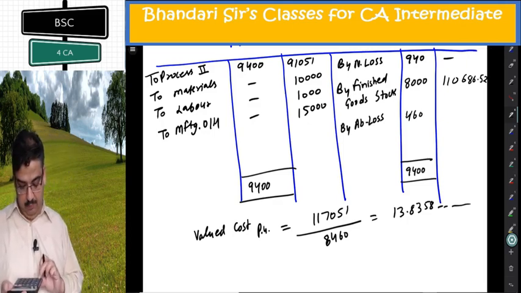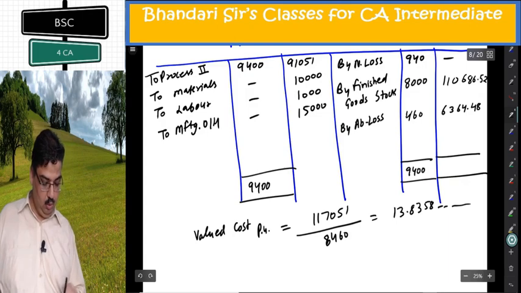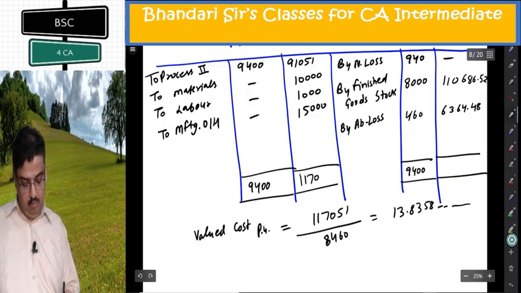If I multiply with 460, I am getting 6364.48. The total will be 117051.